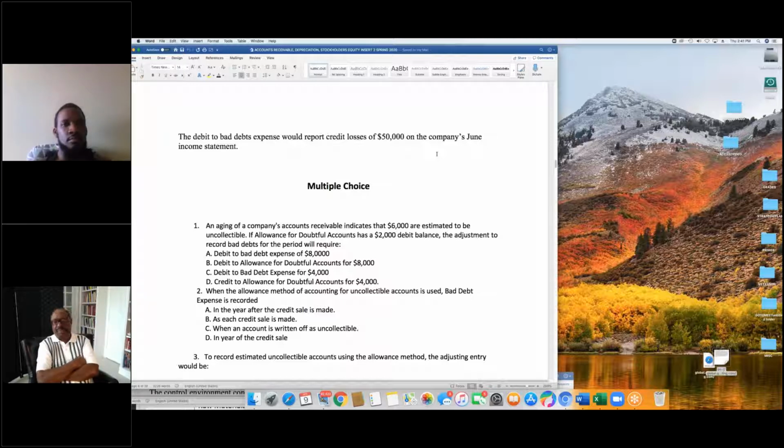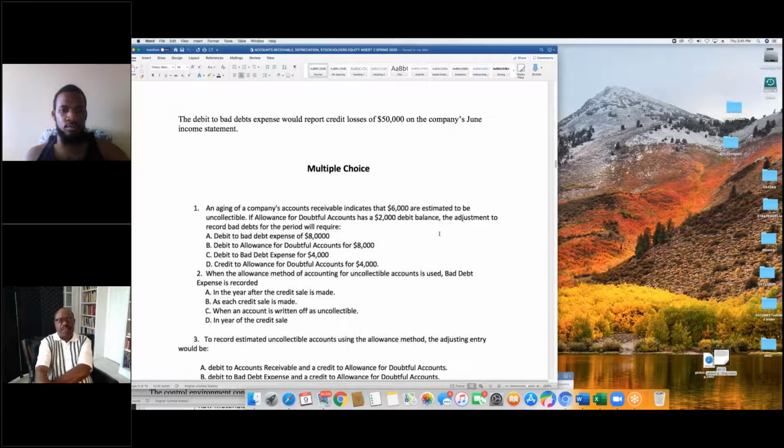The aging of accounts receivable indicates that 6,000 is estimated to be uncollectible. If the allowance for doubtful accounts has a 2,000 debit balance, what adjustment are we going to make to record the bad debts? A, B, C, or D?